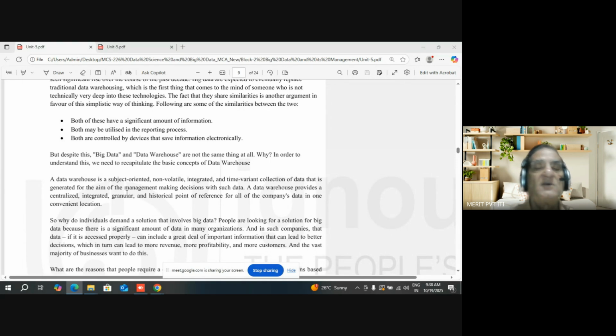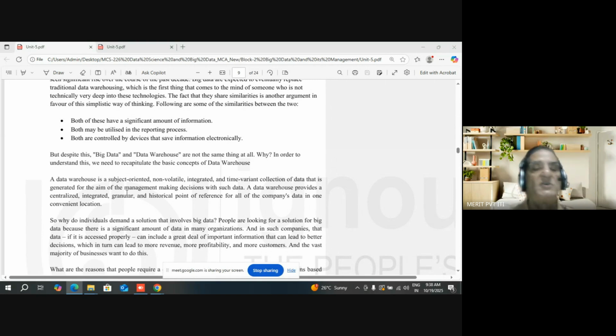A data warehouse provides a centralized, integrated, granular, and historical point of reference for all the company's data in one convenient location. So why do individuals demand a solution that involves big data?